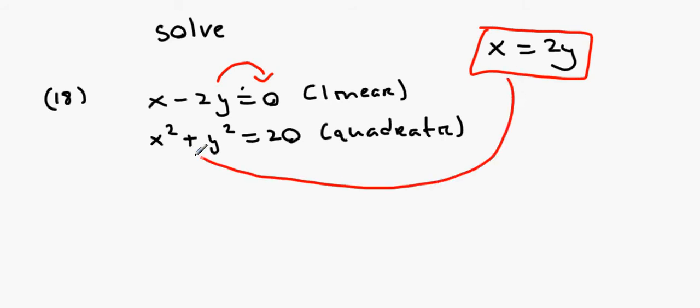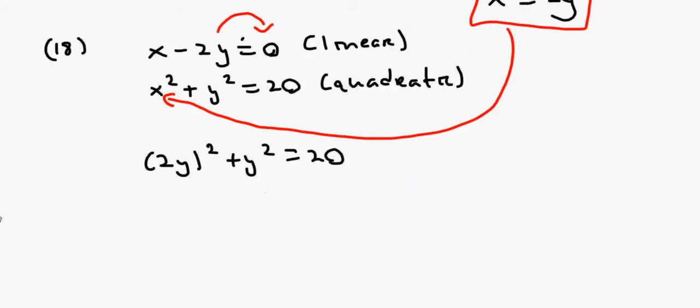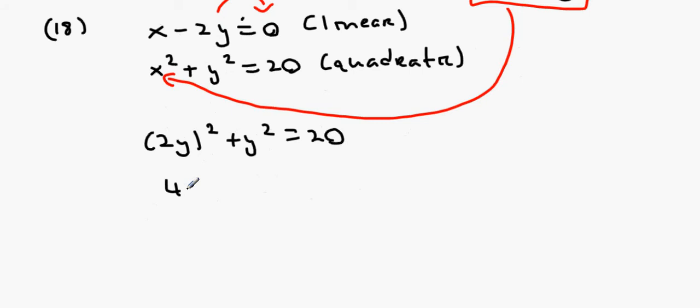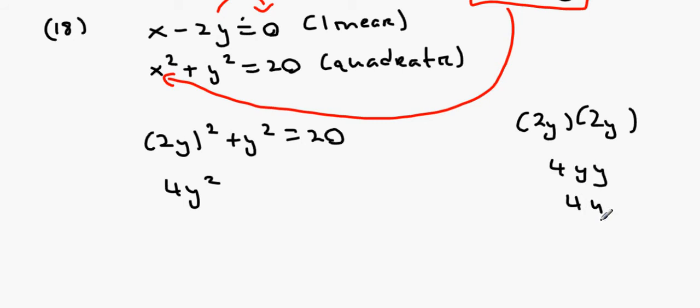So anywhere we see x, we're now going to replace it with 2y. So what we're going to get is 2y bracket squared plus y squared equals 20. Okay, and what's going to happen here is we're going to get 4y squared, because 2y multiplied by 2y is 4y squared.